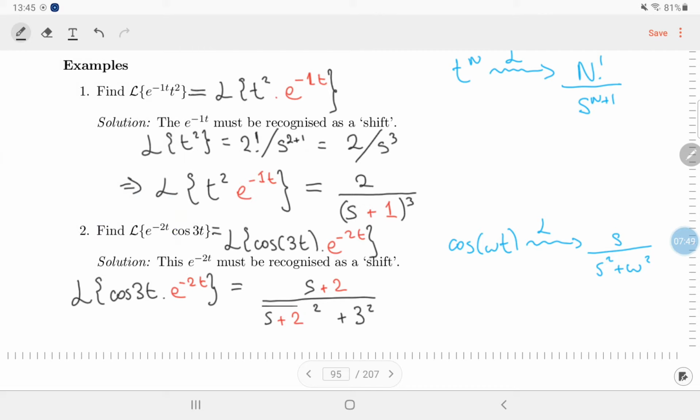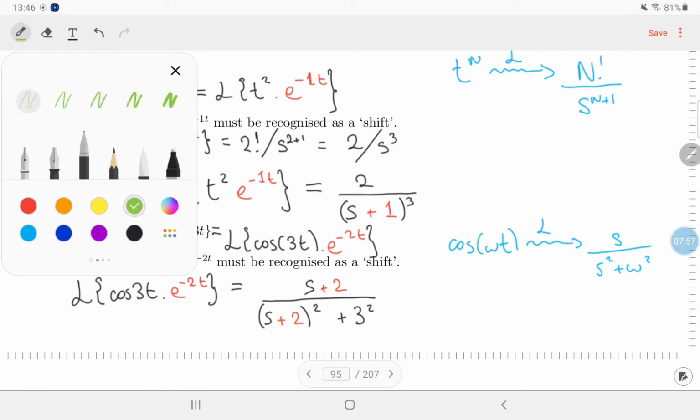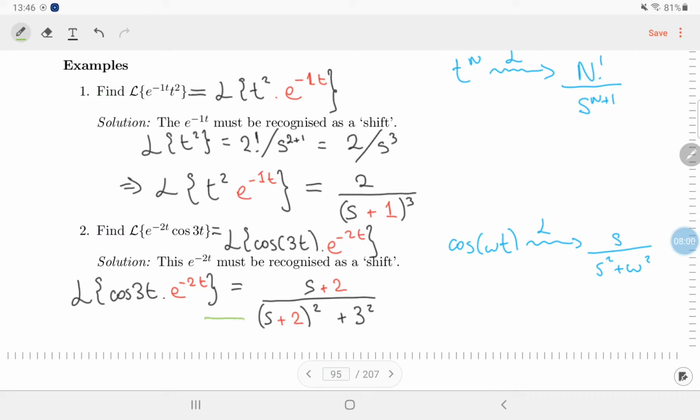Now, you can leave that like that. It's going to be very, very difficult for us later on, when we'll be going the other way. We'll be doing the inverse, and it'll be very, very difficult. There's no two ways about it. We'll have to recognize the thing on the right as the same as the Laplace transform of cos 3t, except with the s shifted to s plus 2.